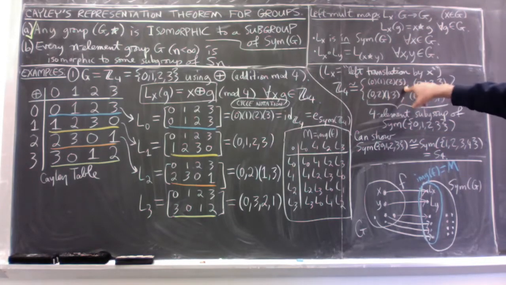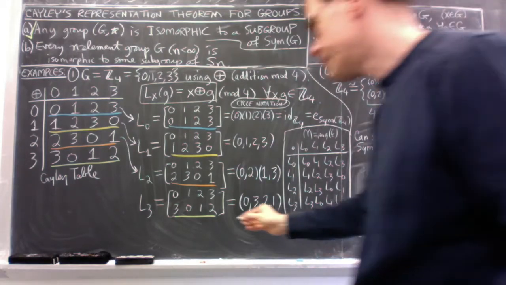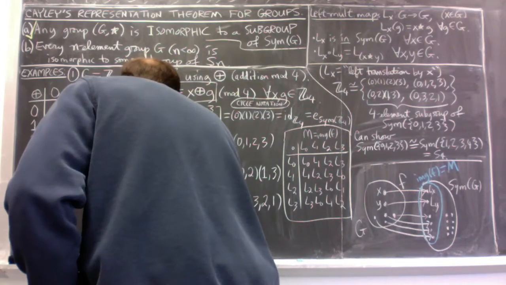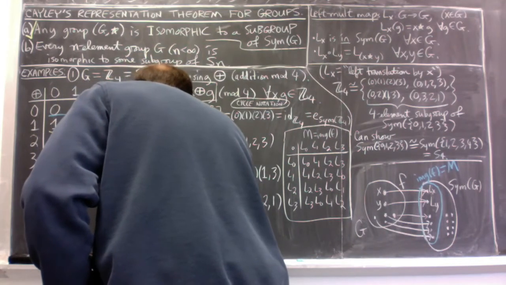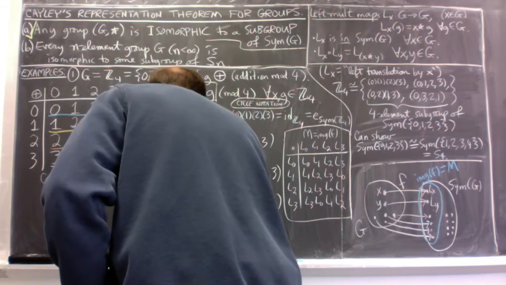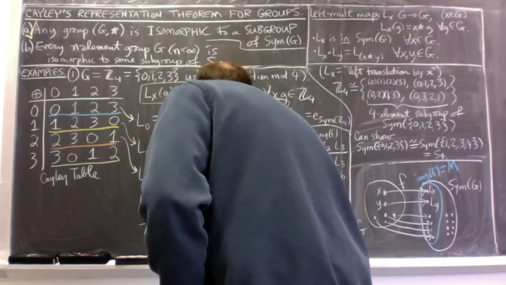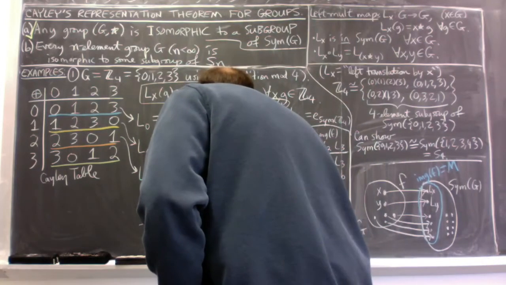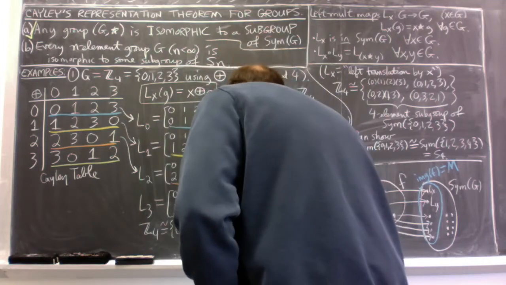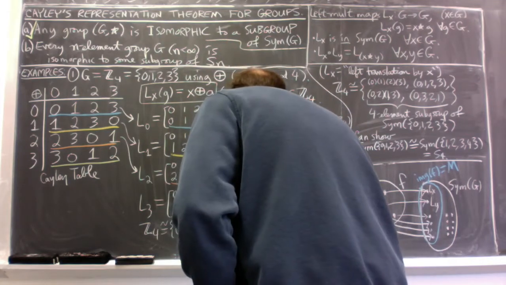Instead of calling them 0 through 3, you could call the symbols 1 through 4, and you would get that Z mod 4 is also isomorphic to a subgroup of S4. Just relabel all the individual symbols that are being moved, but keep everything else, like the cycles and so on, the same as before.